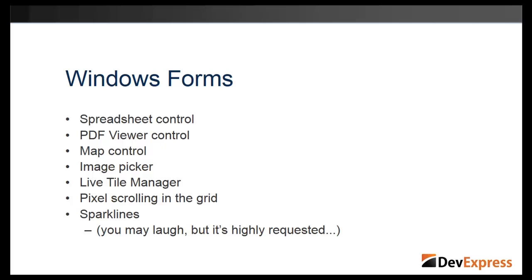Map control. We've had a map control in our other web-oriented platforms. We're now adding it to Windows Forms. It utilizes Bing Maps and OpenStreetMap. And it does all the usual kind of things.